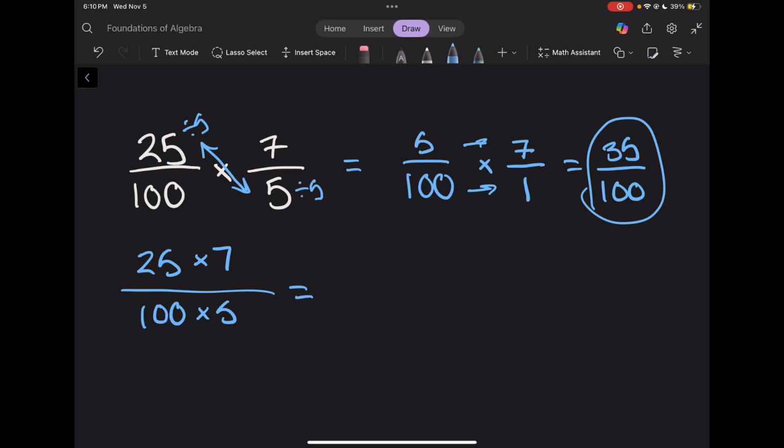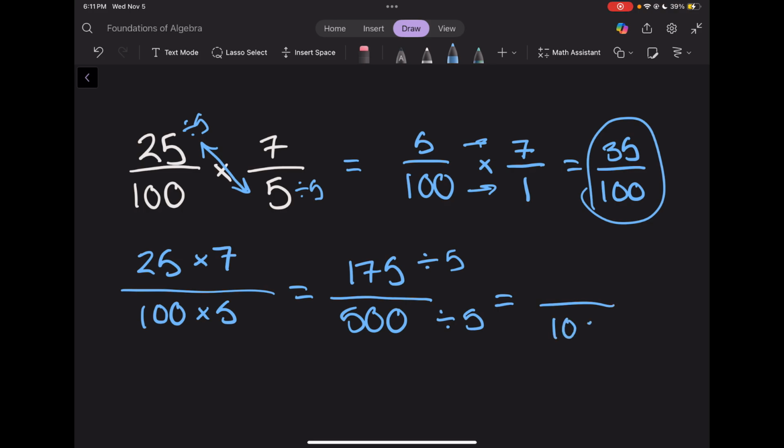We get, let's see, 25 times 4 is 100. So we get 175 on the top and 500 on the bottom. And if we divide both of them by 5 to make it a simplified fraction, we get 35/100.